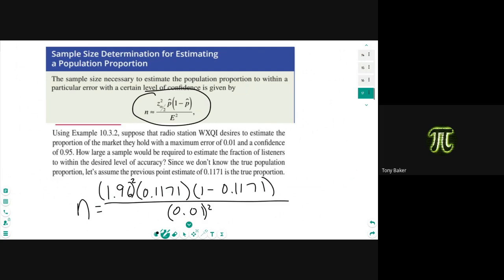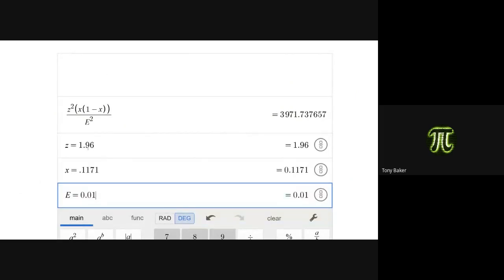So there it is set up on Desmos. So we'd have to ask 3,971 people, or 3,972 people, sorry, to get a 1% error.